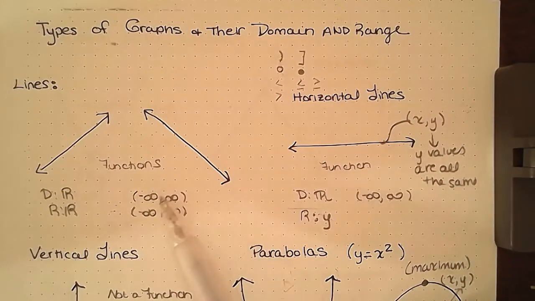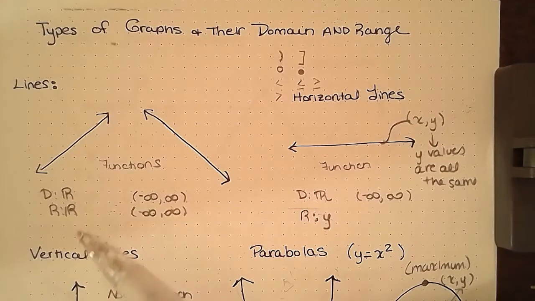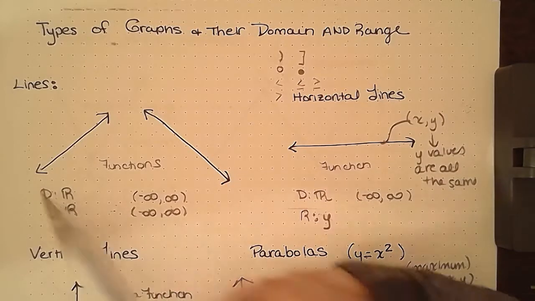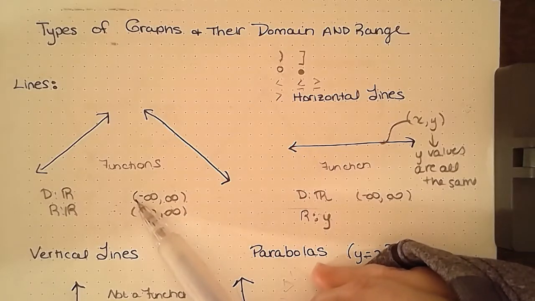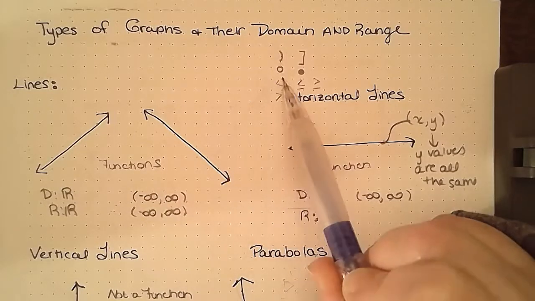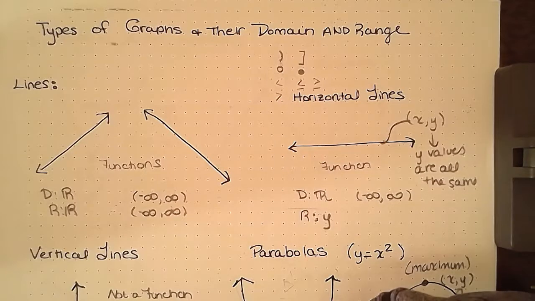Now, the domain, when we name it in set builder notation, goes from negative infinity to positive infinity. Again, be patient with yourself when you're learning this. It just takes some time, okay? So that means it goes from the left to the right forever and ever. And because we can't define infinity, we use this kind of open circle concept, okay?